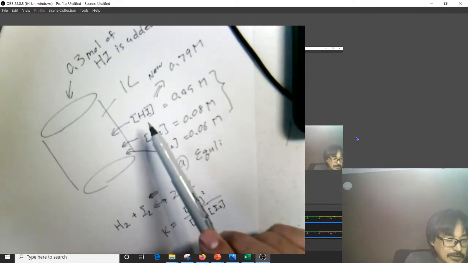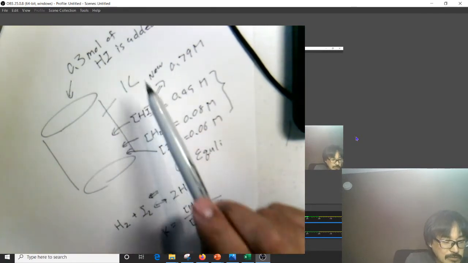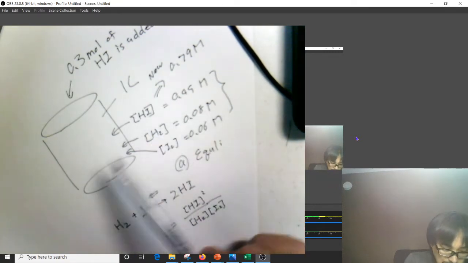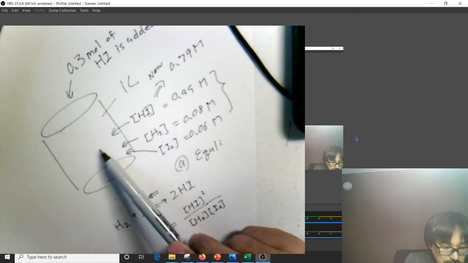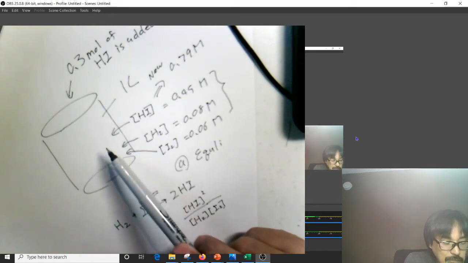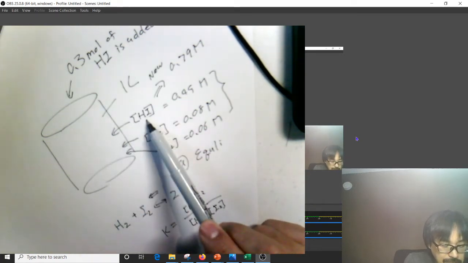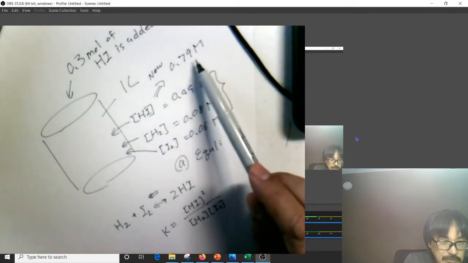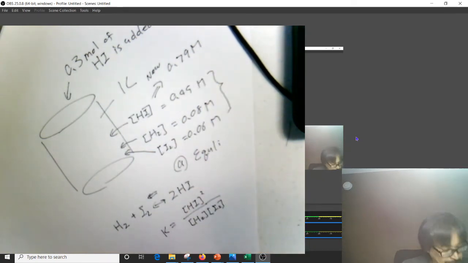You're adding 0.3 mole of HI, so the number of moles in this solution is going to be 0.79 moles of HI, which means the new concentration is going to be 0.79 molar.